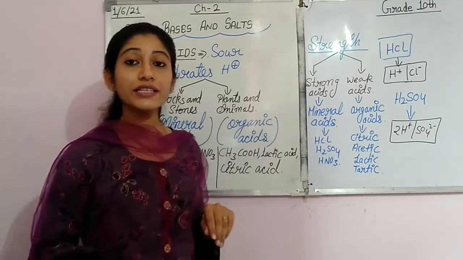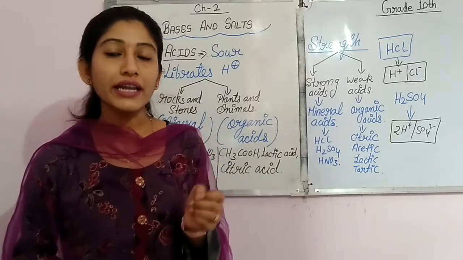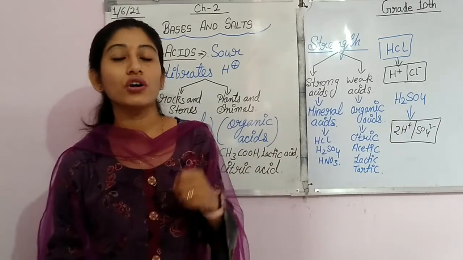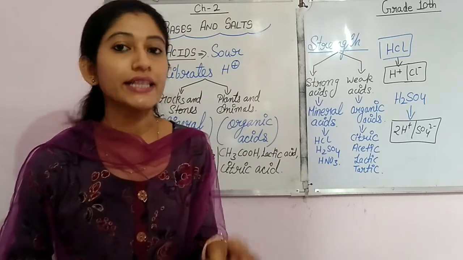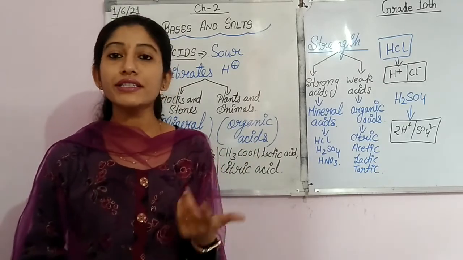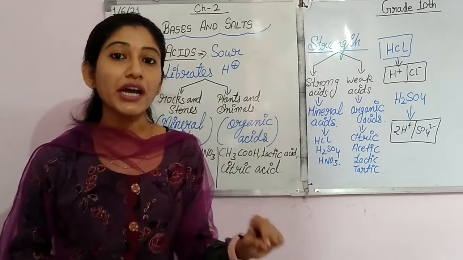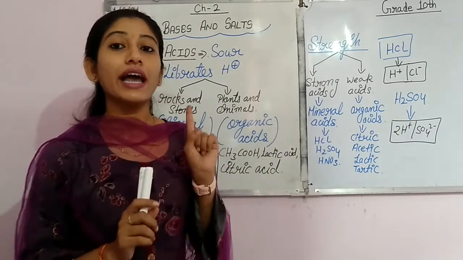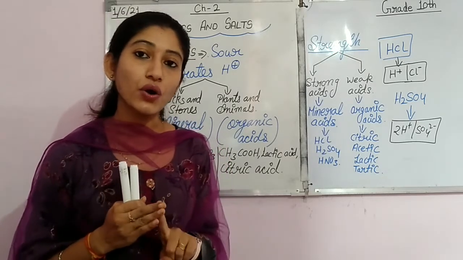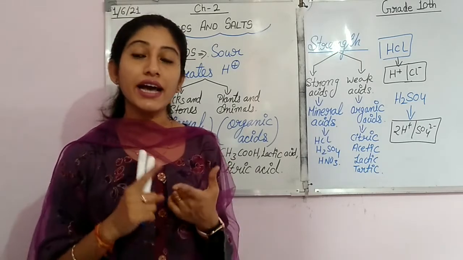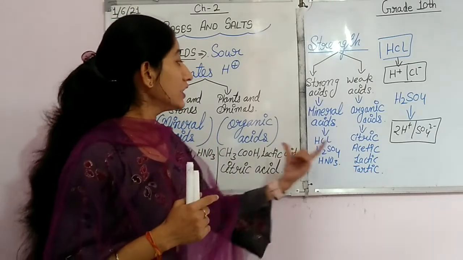Now then, why did we say that organic acids are weak acids? Because when we dissolve organic acids in aqueous solution, they do not dissociate completely. They also liberate the H+ ion, but they do not dissociate completely. So the acids which do not dissociate completely are called the weak acids, and the acids which dissociate completely are called the strong acids.